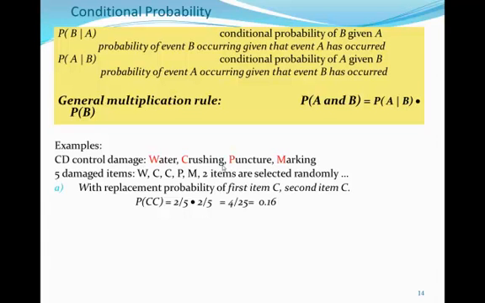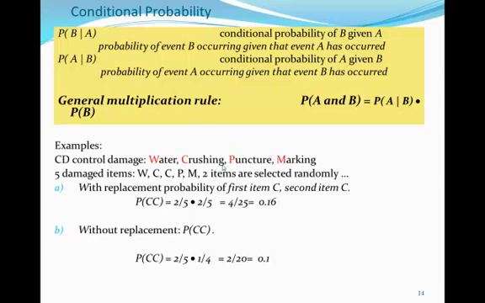The probability of first item C, second item C equals the probability of CC, which is 2 over 5 times 2 over 5, which is 4 over 25, equals 0.16. That's with replacement. Without replacement, the probability of the first C occurring is 2 over 5. The probability of the second C occurring is 1 over 4, which gives 2 over 20, which is 0.1.